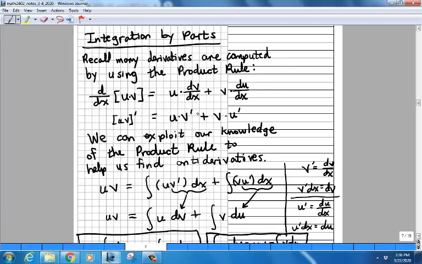So recall now that lots of the integration techniques that we have learned in the class are inverses of the differentiation techniques that either we've learned in this class or that you learned in Calculus 1. So, for instance, we've used in this class many times the anti-power rule.